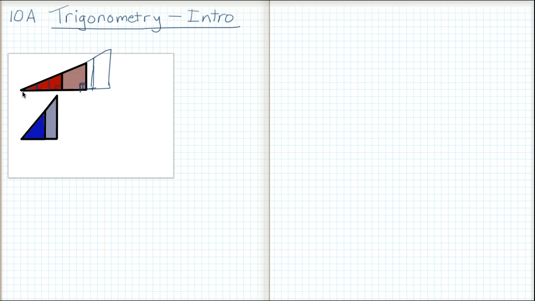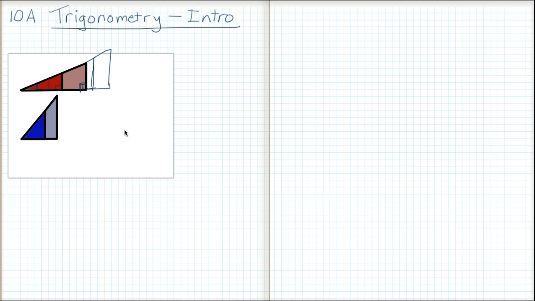That ratio will be the same if I take the bottom side on a bigger triangle and divide it by this one. And it will be the same again if I take this whole long side and divide it by the vertical side. And that number is what your calculator holds.